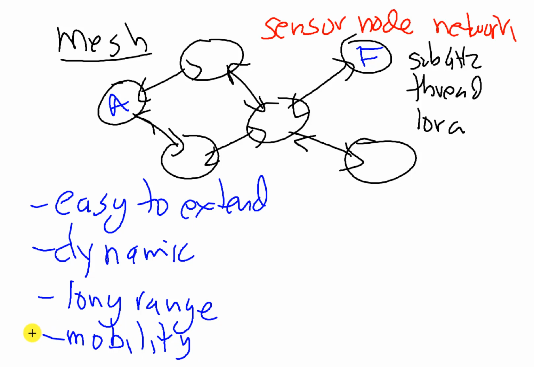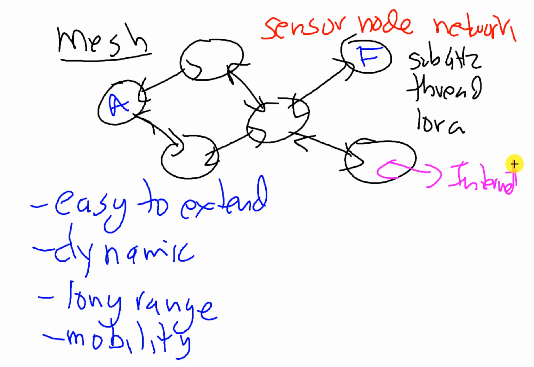But you designate one of them as the interface to the internet, the bridge to the internet. In this context, all the other nodes don't have to have internet capability. As long as one of them does, this sensor network can then stream data onto the internet. So it's a very dynamic mesh network.